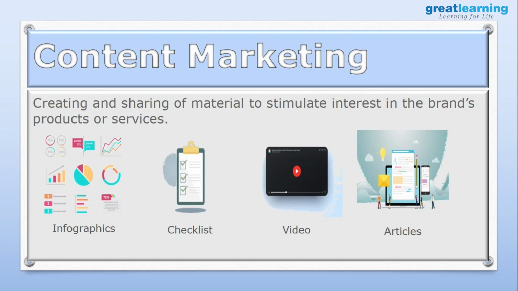Then we have video. There are a lot of video sharing platforms like Dailymotion, Twitch, or YouTube. YouTube is the largest search engine for videos and also the second largest search engine in general, right after Google. So creating videos that will tell about your products and services in a direct and indirect way can be done. Then also you can create content in the form of articles.